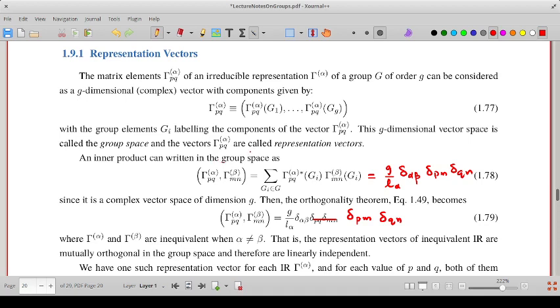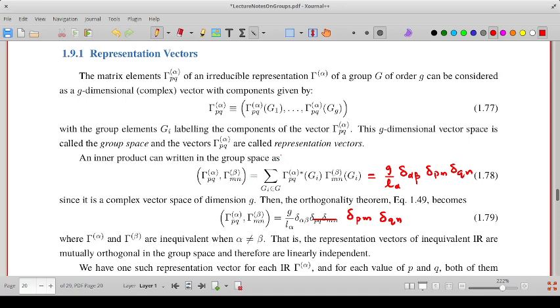And not just that, even if the irreducible representations alpha and beta are the same, if P is not equal to M and Q is not equal to N, I meant P is equal to M and Q is equal to N, then they are orthogonal.